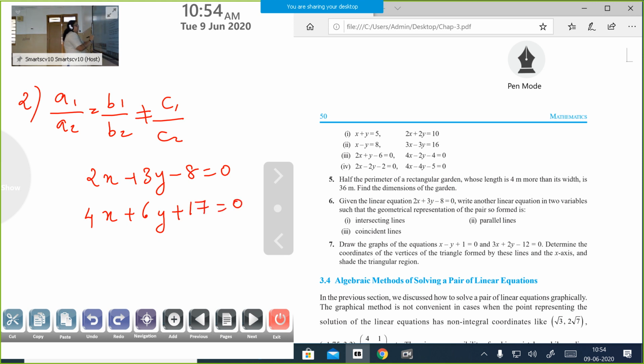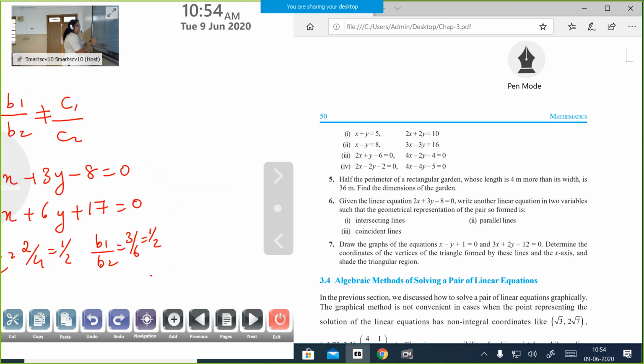Here a1 by a2 is equal to 2 by 4, that is equal to 1 by 2. b1 by b2 is equal to 3 by 6, that is equal to 1 by 2. And c1 by c2 is minus 8 divided by 17, which is not equal to 1 by 2.